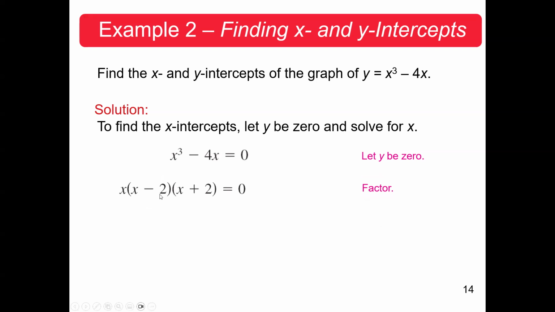So that will give us (x minus 2)(x plus 2). So here you can see that we are going to have more than one x-intercept. That's what we are trying to say. So the first value of x will be 0. Then we have 2, and we have negative 2. So we have 3 intercepts. It will intercept when x is 0, when x is 2, when x is negative 2.